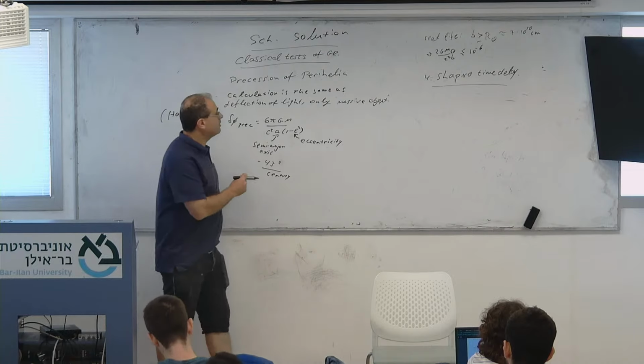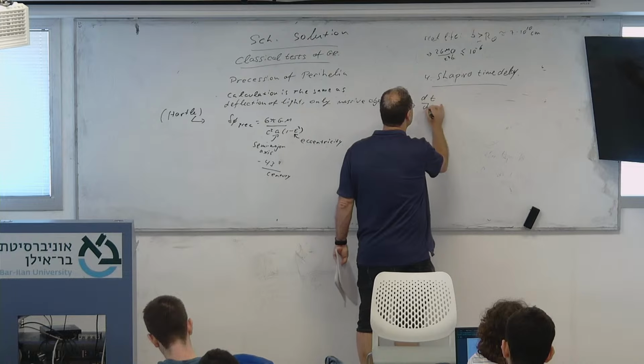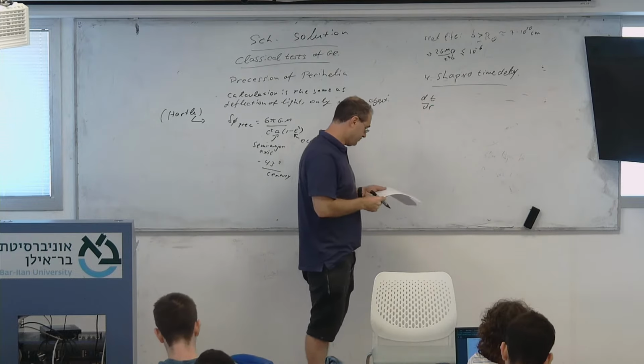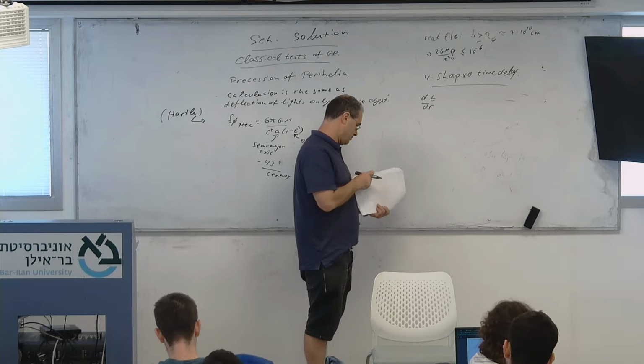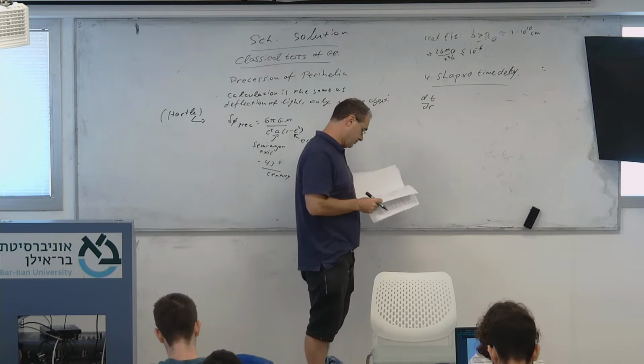And you do the same thing, but rather than for solving for the dφ/dr, you solve for the dt/dr. Use the same equation exactly, and you solve for the dt/dr. It's actually the same equation, right?